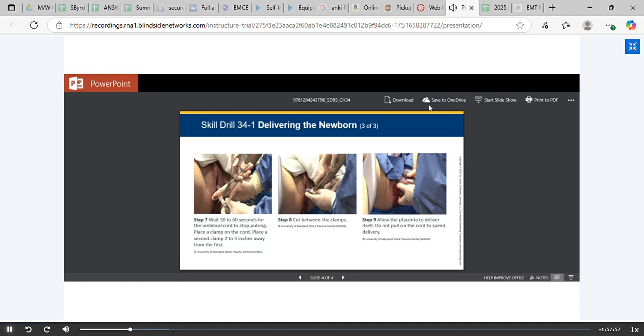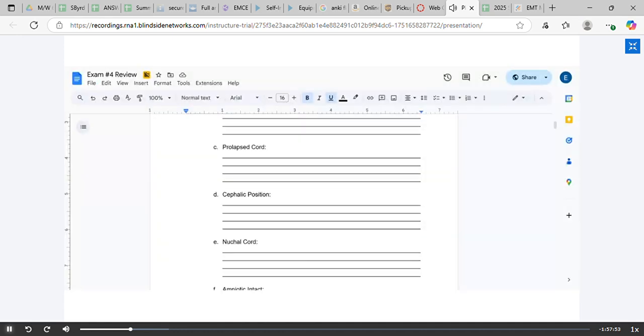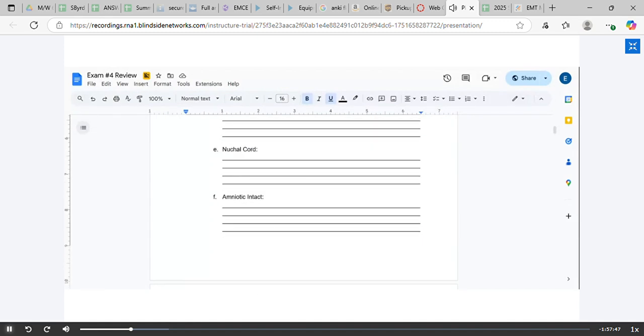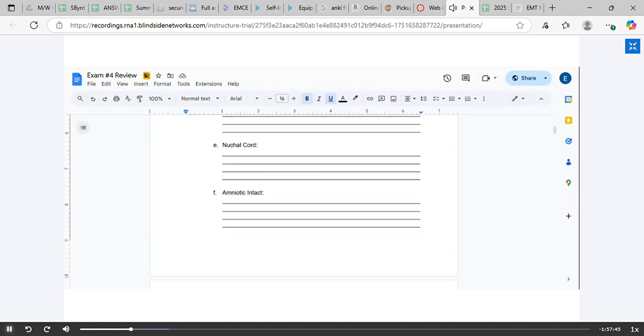So that's the cephalic presentation, which is the head. The nuchal cord. The head comes out, okay, but you see that the umbilical cord is actually wrapped around the neck of the infant, of the newborn, right? So super simple, nice and easy. Don't get all excited or anything like that.